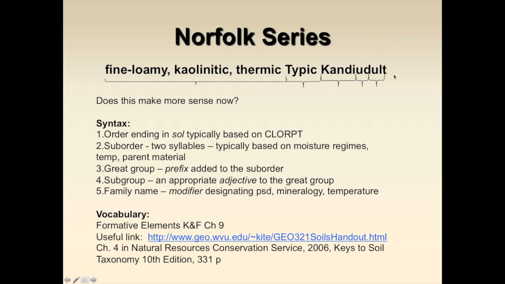In this case it would be candy. Your subgroup is an appropriate adjective, it's typic. Your family name is going to be that modifier designating your particle size, distribution, mineralogy, temperature, and maybe management regimes. So that's your syntax.